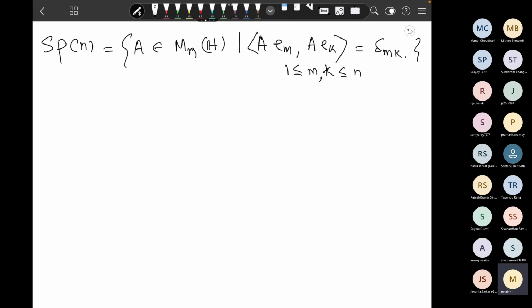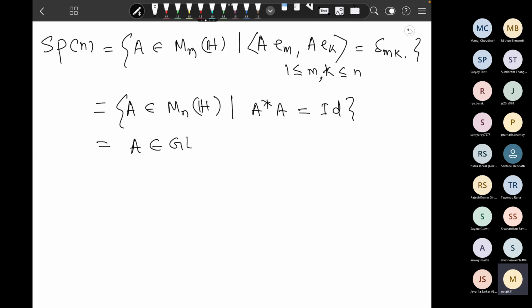Now, if you want to write this purely in matrix form, you get A belongs to M_n(H) such that A star A is equal to identity. Now this is a group; you can check that. This is equivalent to saying that A belongs to GL_n(H) such that A star A is equal to identity.